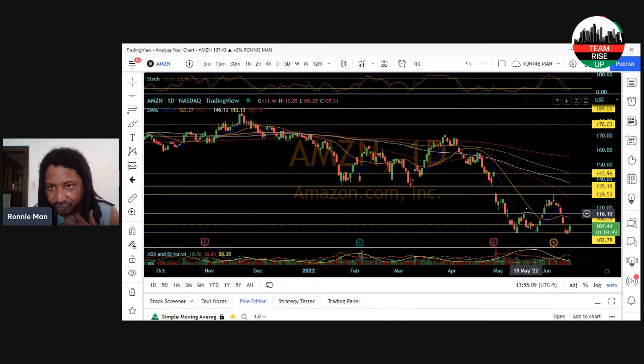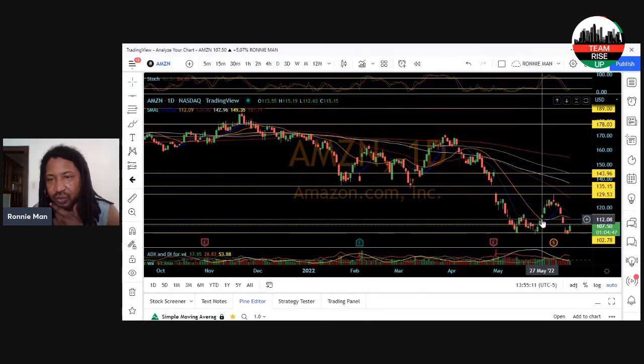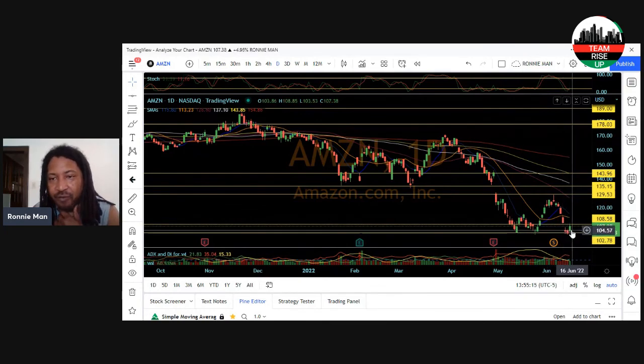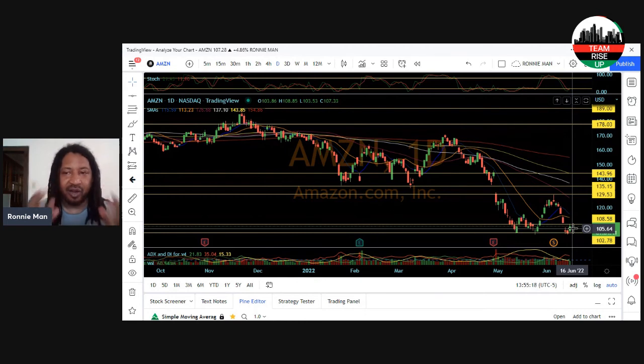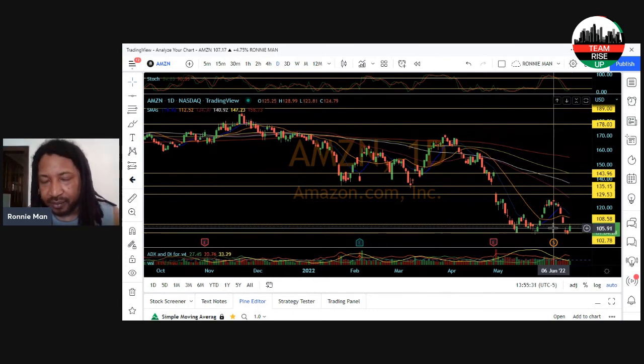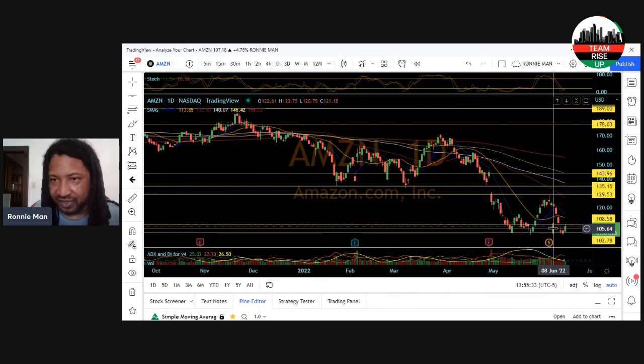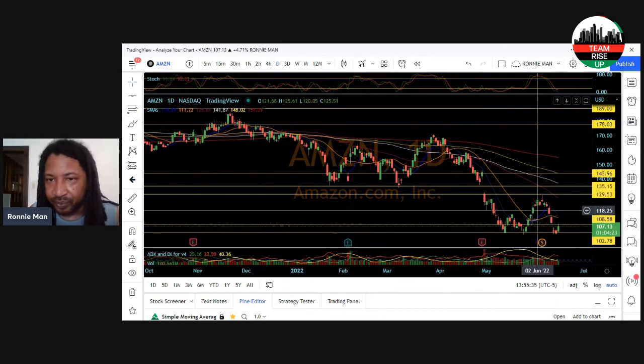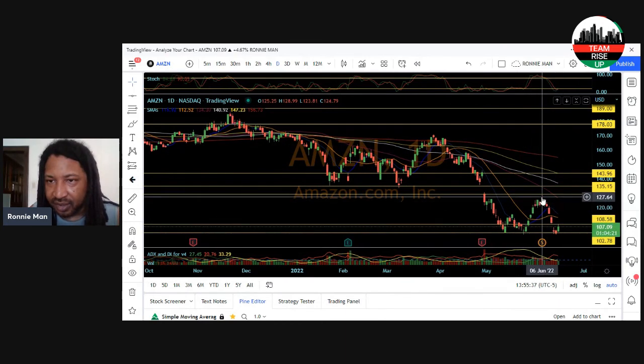Okay. So you want to catch things at a zone, a bounce off of a zone. That's what I'm ultimately trying to show you, how to catch pivots off of a reversal, off of a support or a resistance level. Now check this out, right? Here is my other resistance level.